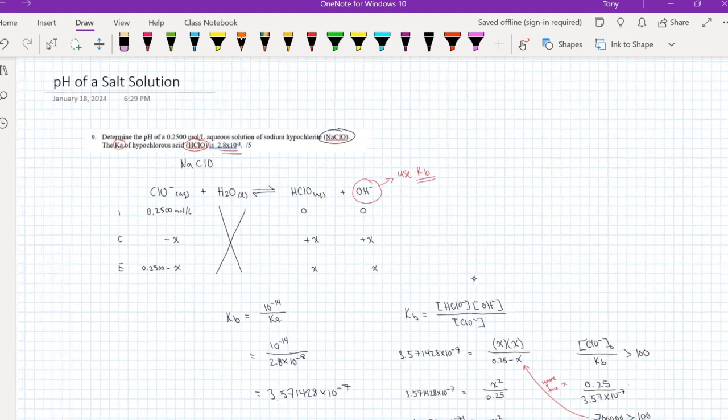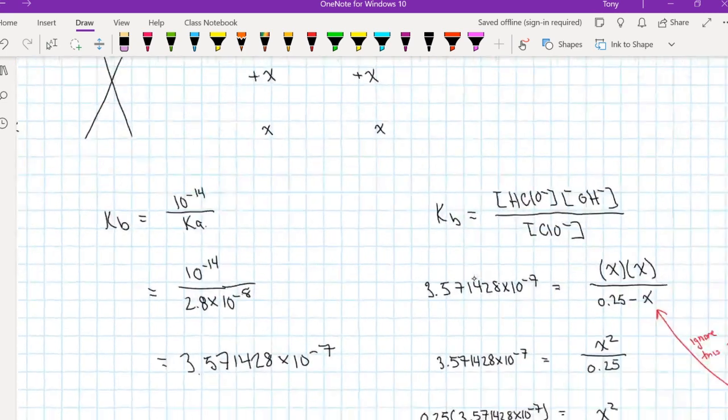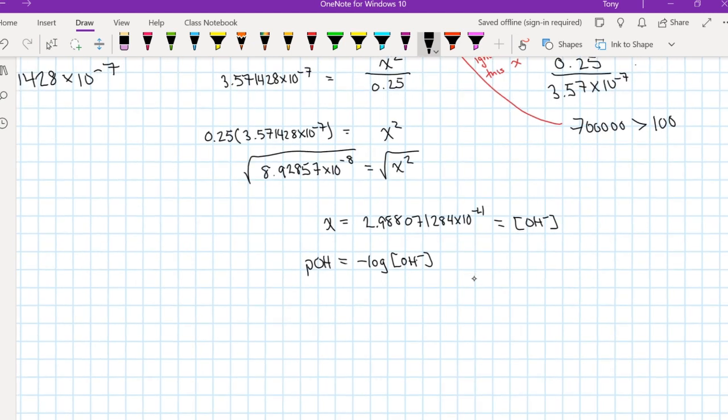Remember that the question originally asked us for the pH. But with hydroxide, we can't find pH directly. What we have to find first is the pOH. And to do that, we're going to negative log the concentration of OH-, which again is what we just got here. X is the concentration of OH- at equilibrium, so we're going to negative log it to get the pOH.